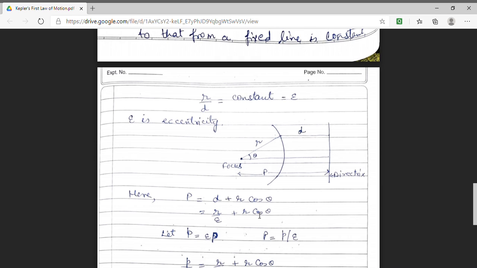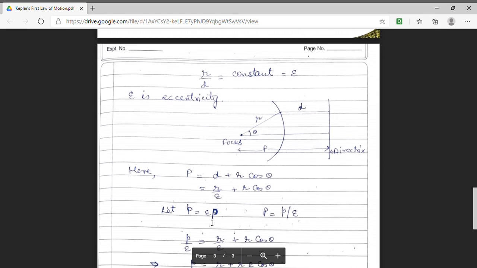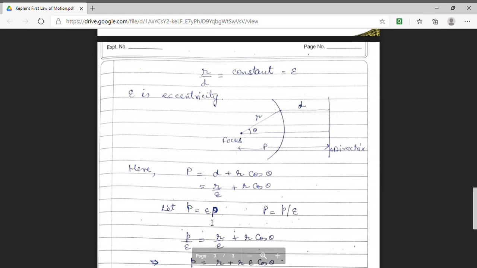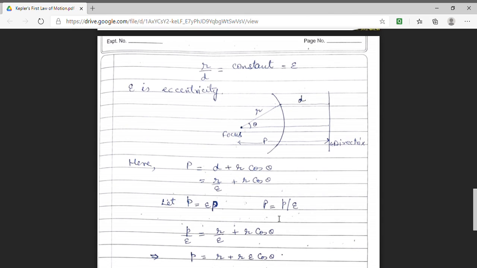Now, in order to simplify our expression, I am defining another parameter, small p. This small p can be expressed as epsilon times capital P. Epsilon we have already discussed is eccentricity. So from here I can get capital P to be equal to small p upon epsilon.